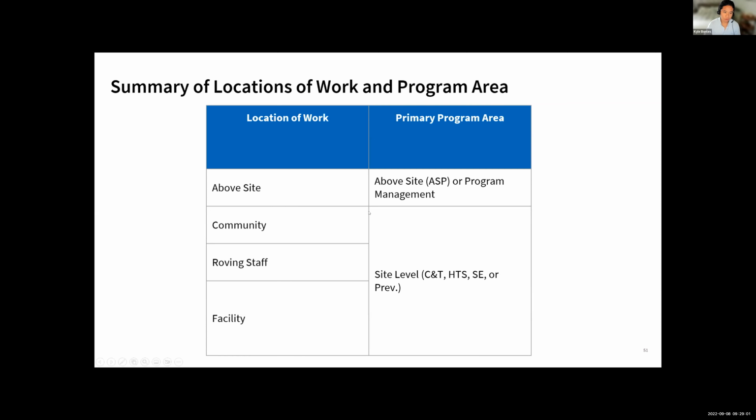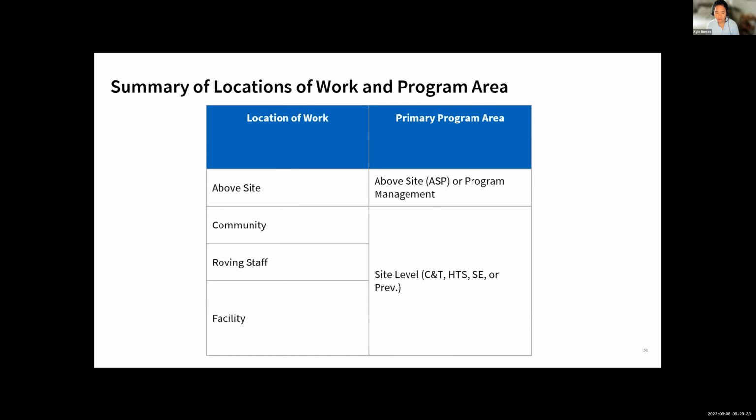So for example, if that person is mainly doing above site activities, then the primary program area for that person should be under the above site categories or under program management. If that staff member's location of work is mainly at the community level, is considered roving staff that works on multiple facilities at once, or is mainly focused on a single facility, then the primary program area for that staff member should be at site level.